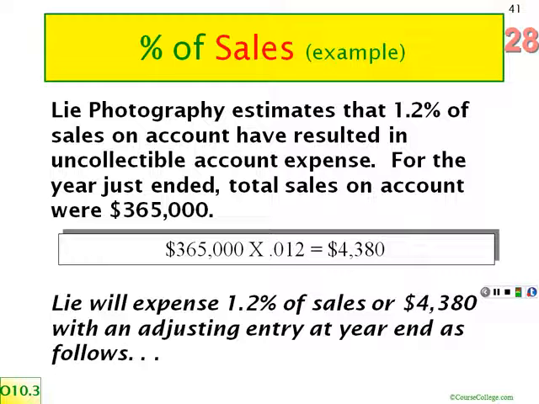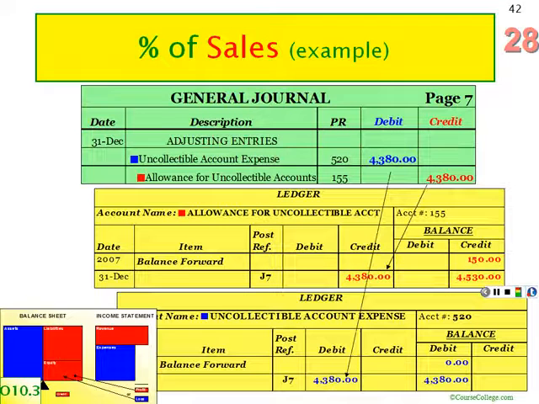And our methodology is to use a percentage historically of those that resulted in bad debt, and we're going to create that bad debt right straight from our calculation. So we open up our journal, and in goes the 4380. It gets posted to the allowance, even though, look, the allowance had a balance in it. There it is. We didn't care. We ignored it.